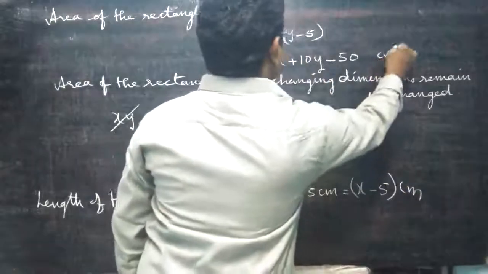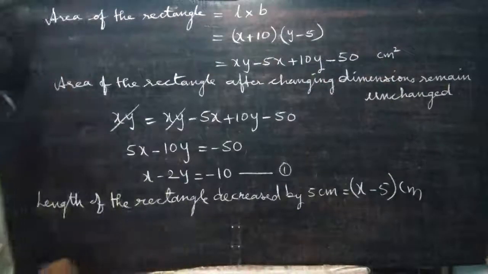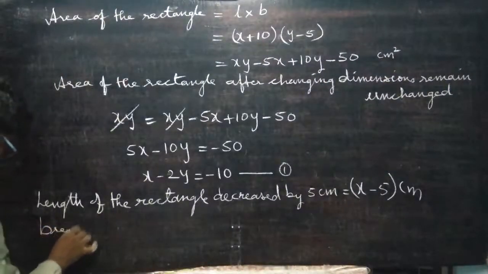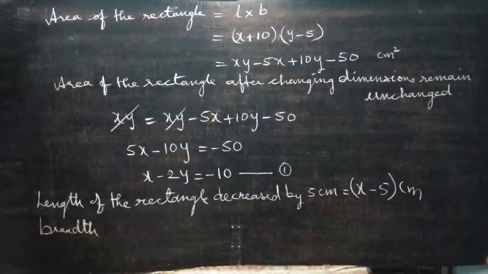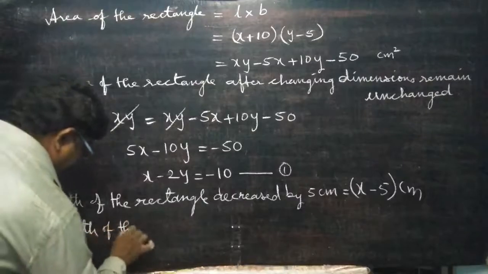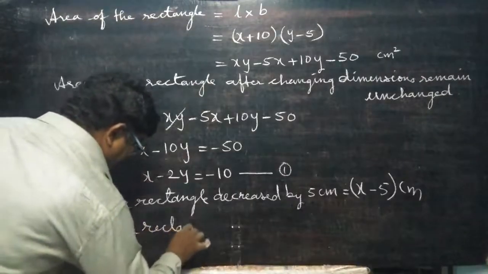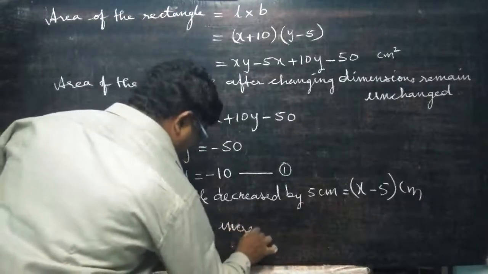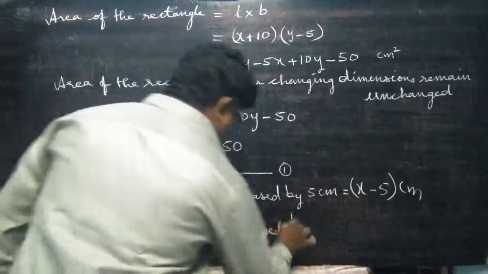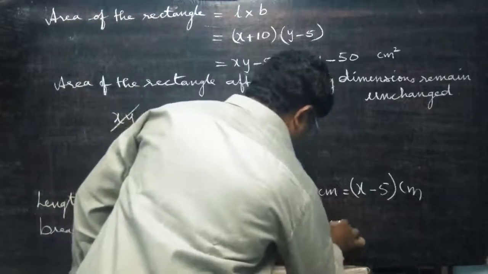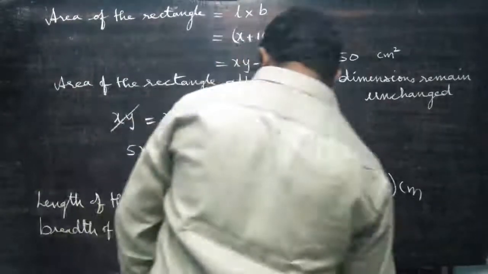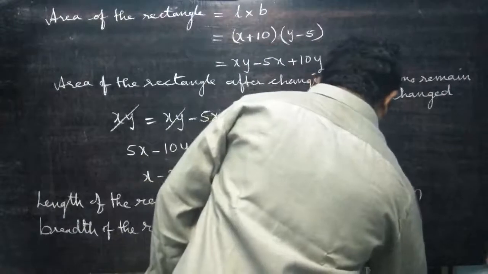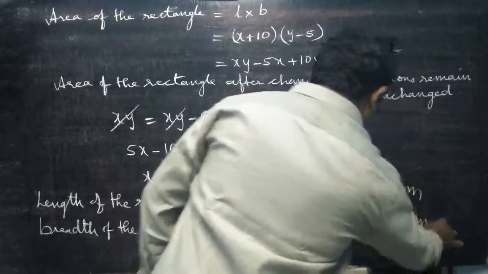Now breadth. Breadth of the rectangle is increased, quite opposite from before, by 4 centimeters. Increase means what? Addition. Y plus 4 centimeters.